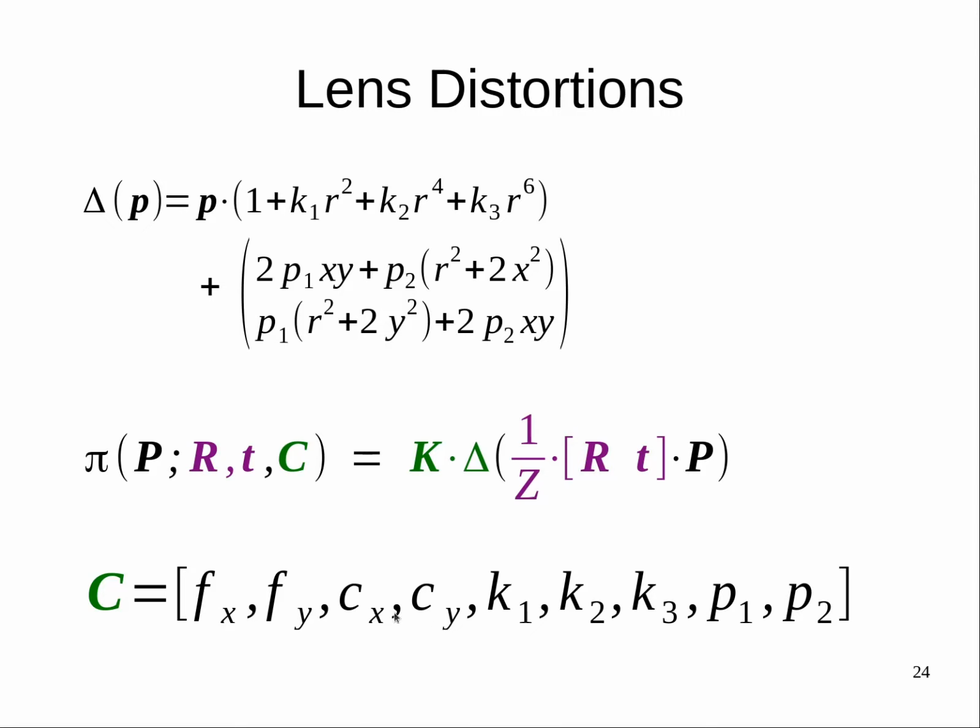So these four parameters are the K matrix, or encoded in the K matrix, and then we have the delta distortion, the lens distortion function, which has the three k's from the radial distortion and the two p's from the tangential distortion. So these 9 parameters are the typical intrinsic parameters which are used everywhere.